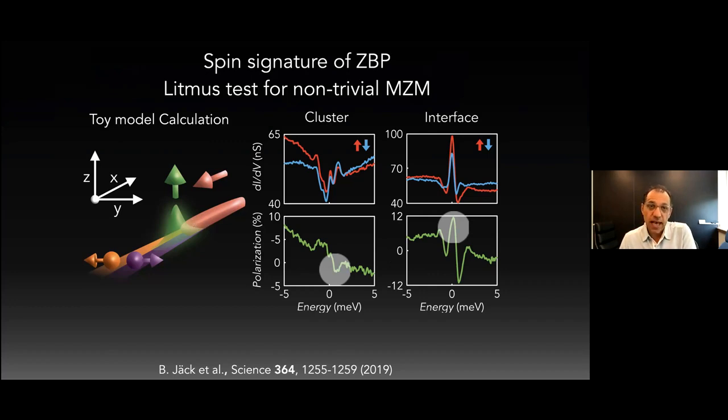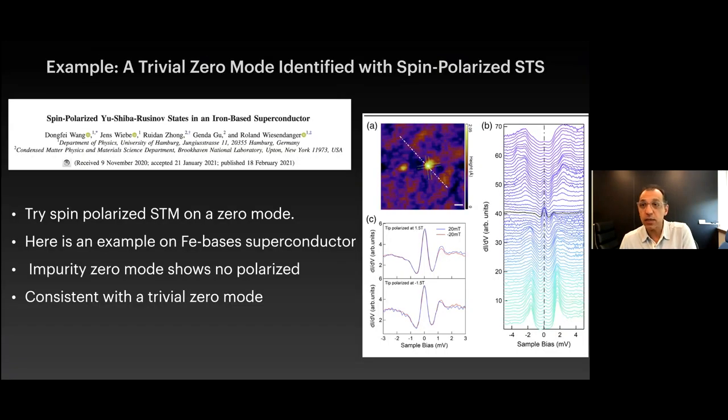So just lastly, I want to say that we heard a lot about iron-based superconductors earlier. And here's an example of application of this technique by the group in Hamburg, where they were using the STM to look at impurity-induced states by what was, I guess, reported to be maybe iron defects on top of iron selenide, which produced this very sharp zero energy state, which was actually initially thought to be maybe due to Majorana states.